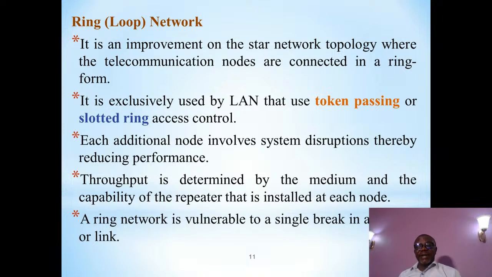A ring network is vulnerable to a single break in any node or link. In this ring network, if there is a break in a connection between one node and the other, it means that all the nodes after where the fault occurred will no longer work, because it is only one link that leaves the node and goes across to all the other ones.